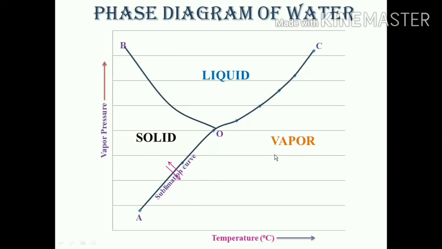So there is an equilibrium between the solid state of water, that is ice, and the vapor phase of water at this particular curve AO. So the curve AO, which is called the sublimation curve, represents the equilibrium state between the two phases of water, that is the solid and vapor.